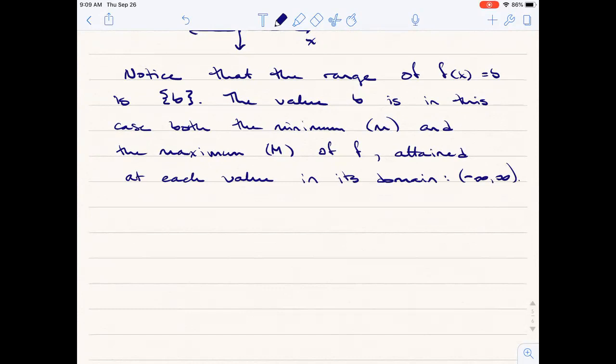And when we write negative infinity to positive infinity, we have to use round brackets, right, for our set.